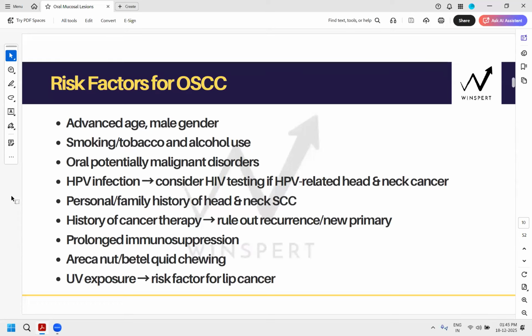So that is seen in patients with HIV. So if an oral cancer is linked with HPV, it should also warrant investigation for HIV, because HIV patients get HPV related squamous cell carcinomas. Okay, this point here, HPV infection, consider HIV testing if HPV related head and neck cancer is identified in a patient.